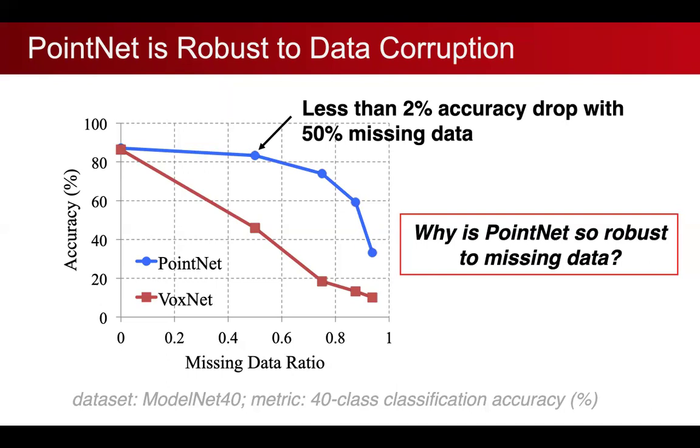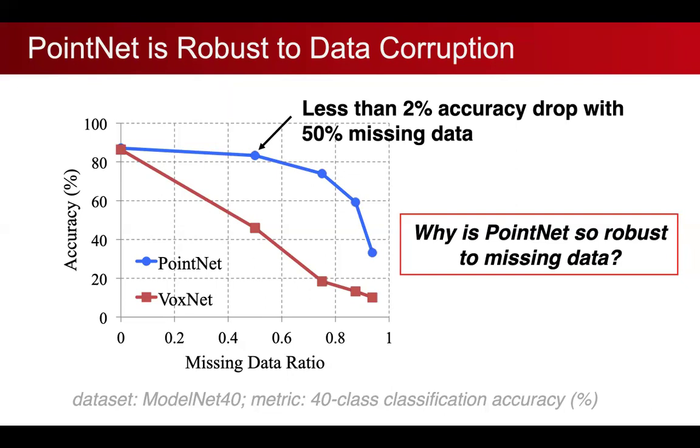So here is VoxNet, that's a voxel grid network, and here is PointNet. And you see that PointNet practically maintains the accuracy up to 50% of the data, and then starts decreasing, obviously. But VoxNet decreases linearly.